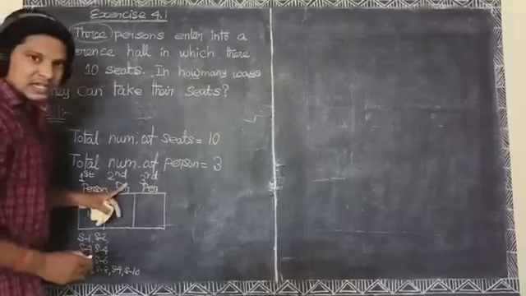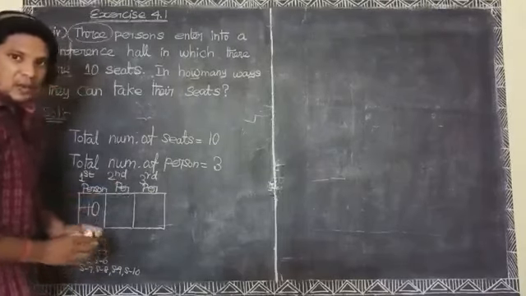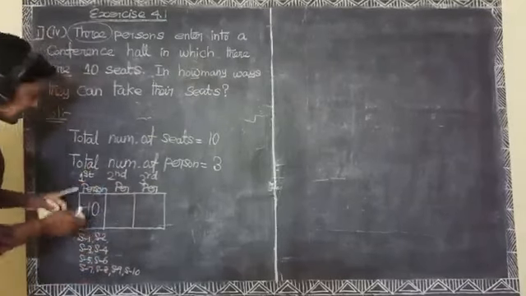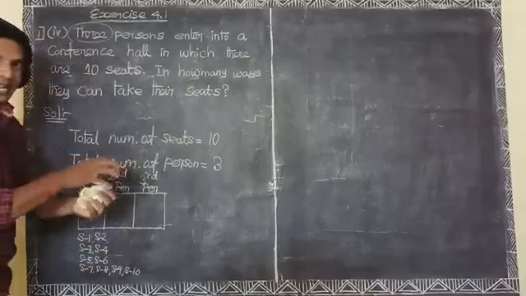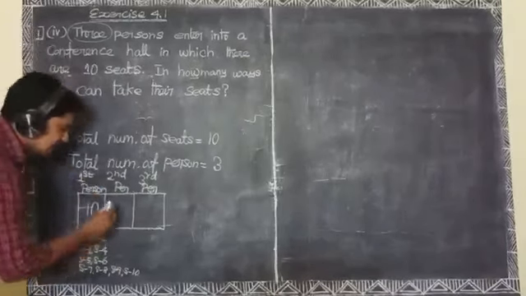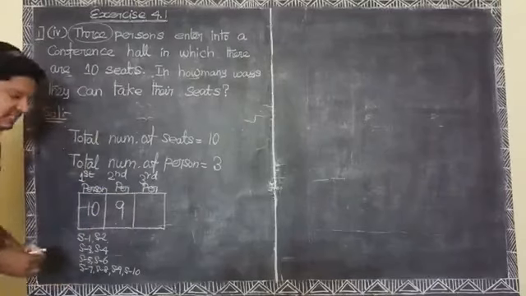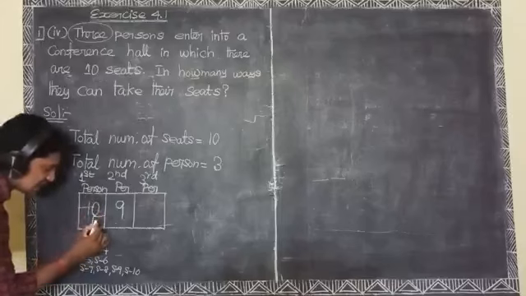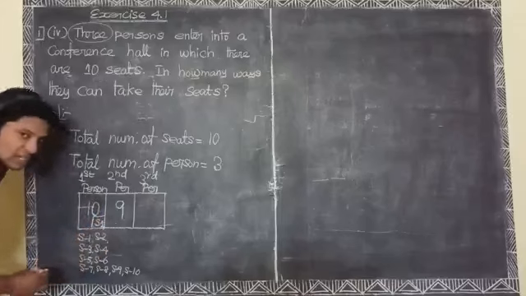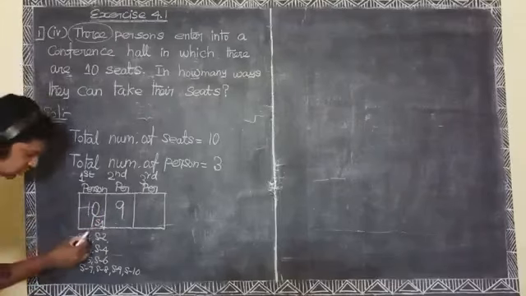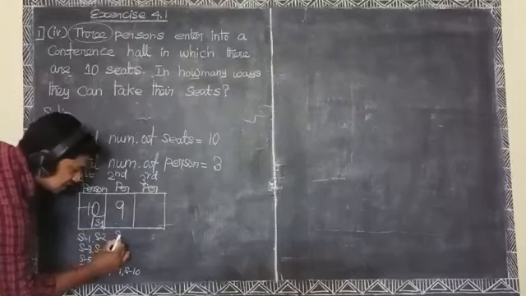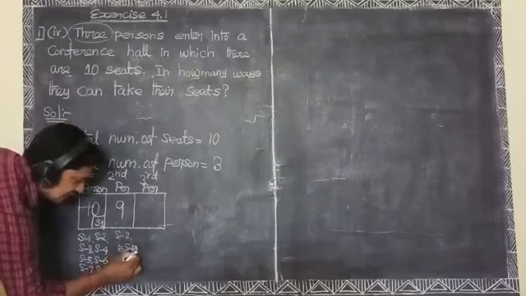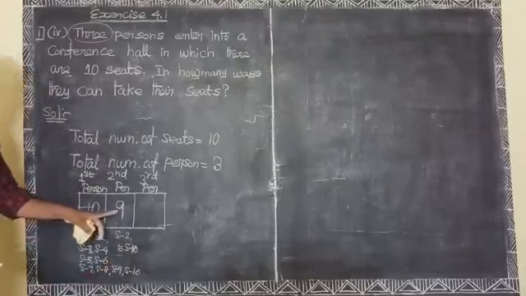The second person can take only 9 seats, because the first person has taken one seat. Here the total number of possible ways is 9. Assume the first person takes seat 1, leaving seats 2 up to 10, so the number of possible ways is 9.